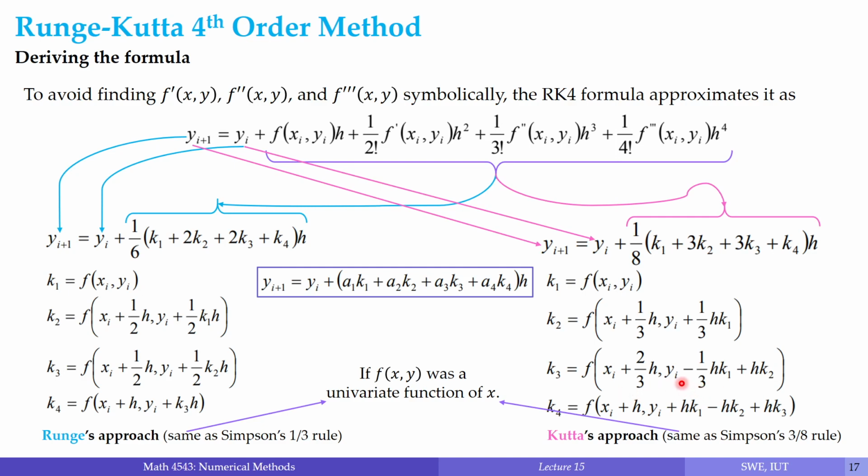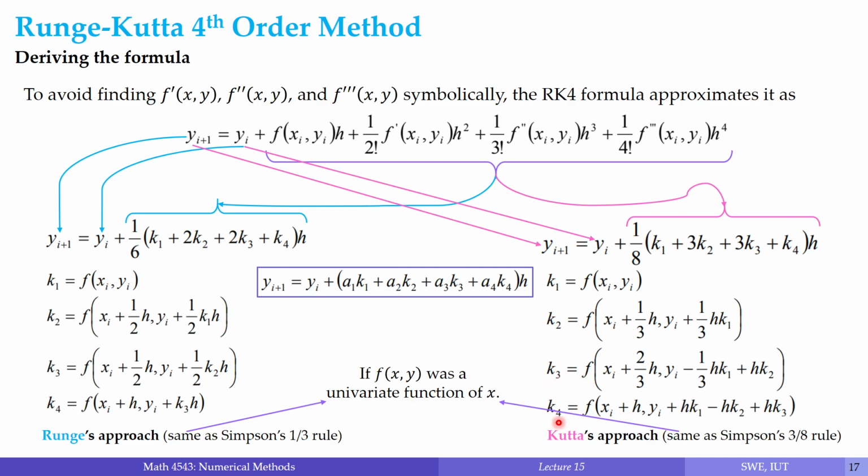He wrote it as yi minus 1 by 3 hk1. So whatever he added over here, he subtracted it over here, and he added h times k2. So k2 was the preceding slope value, right? For K3, the preceding slope value is K2 and the succeeding slope value is K4, right? So that's his value for K3.